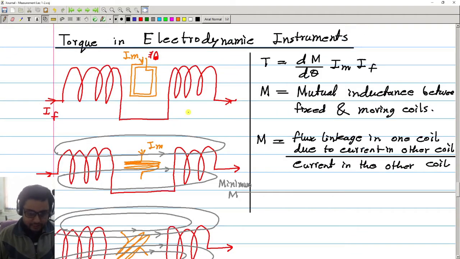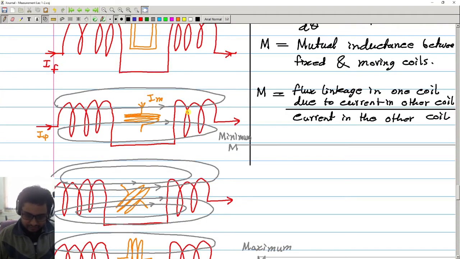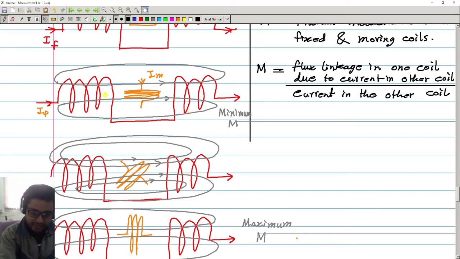Why does it increase? Because you can think in this way, that this red one is a magnet. Suppose this side is north, this side is south, and this orange one is also a magnet, with this side north and this side south.